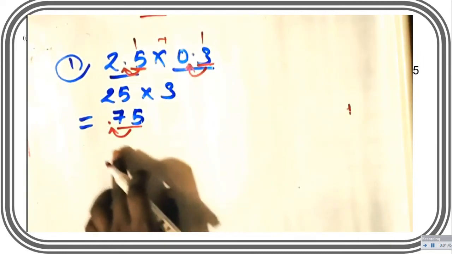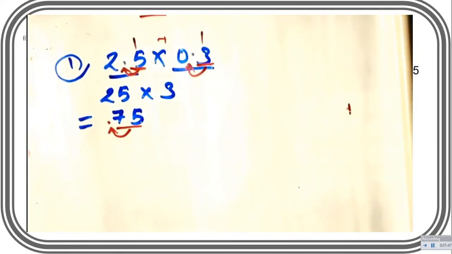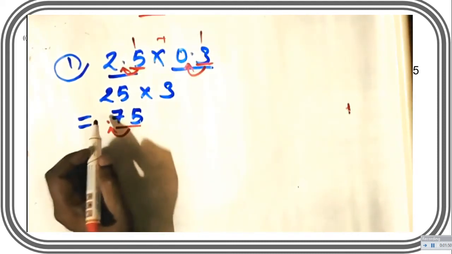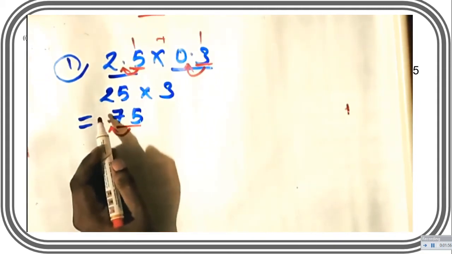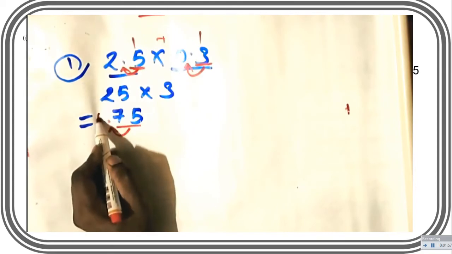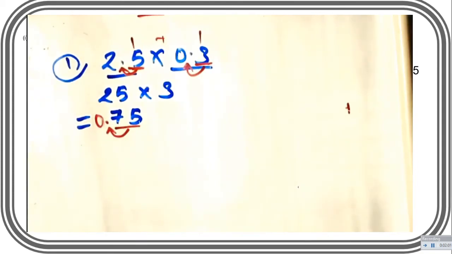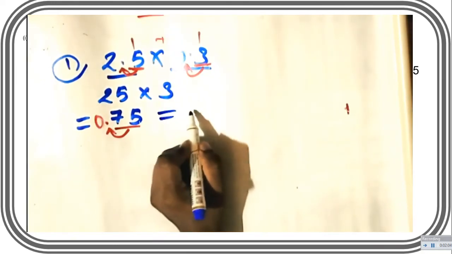So before this 2 we insert the decimal point. Here we can see that there is no number left, so we write 0 at the whole number place. So your answer becomes 0.75.